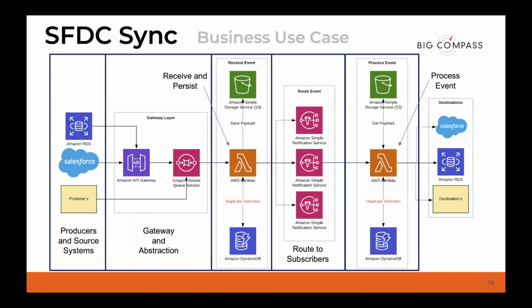We do it again here because, as I said earlier, a producer can produce a duplicate, and we have to plan for that, but AWS can also produce a duplicate. So even if we detected a duplicate on the left-hand side of the screen, we could still get a duplicate on the right-hand side when we're actually processing the event. So we detect the duplicate that could be produced by AWS on this layer of the system.